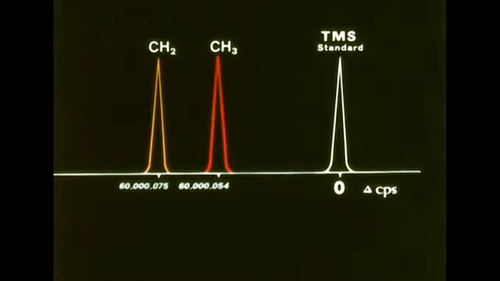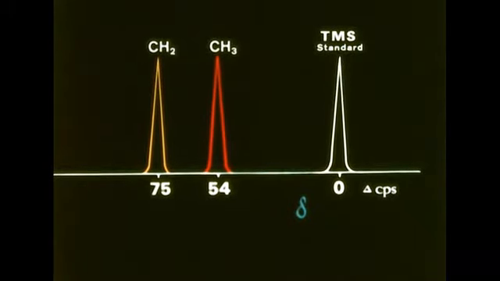If we measure chemical shifts with respect to TMS, the protons of hydrocarbon methyl groups are found at approximately 54 cycles, and protons of methylene groups near 75 cycles. Chemical shifts in cycles per second are proportional to the magnetic field, and it is more convenient to express the shifts in parts per million, or delta, which is independent of the field.